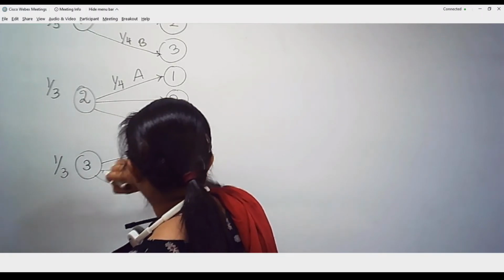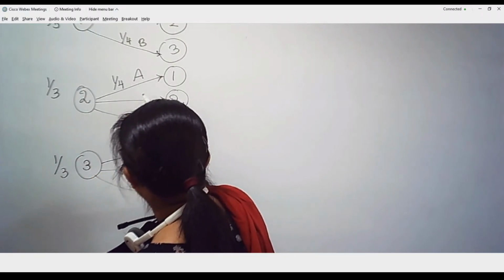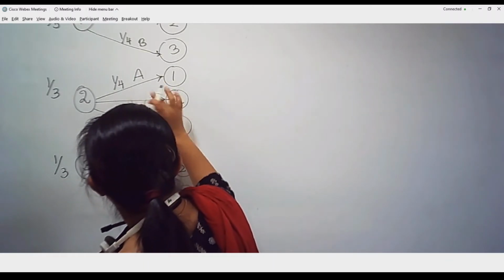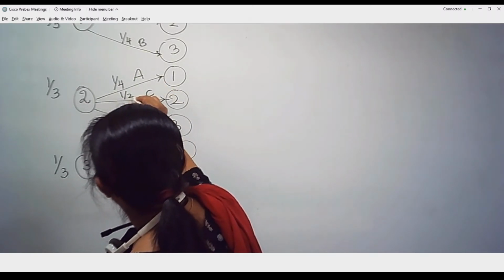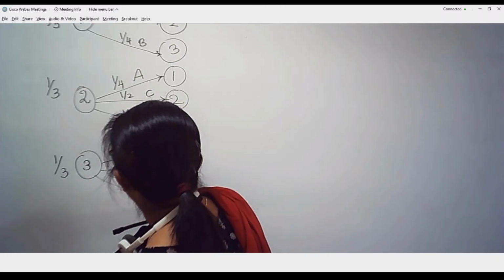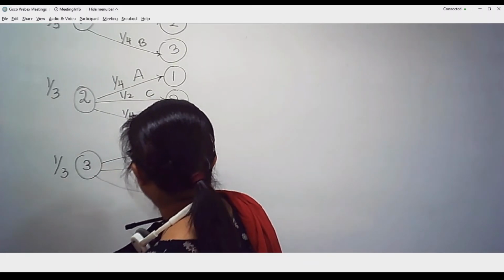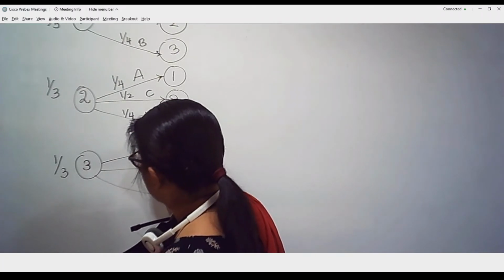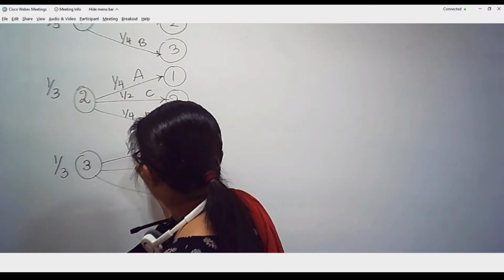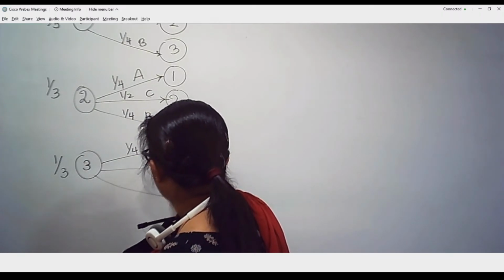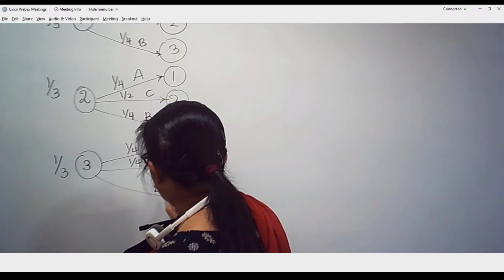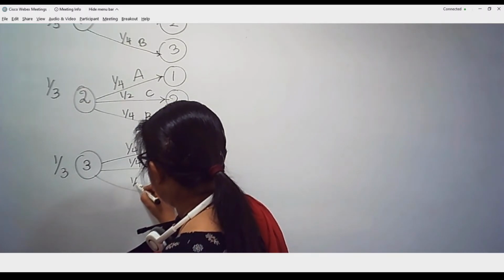For transition from 2 to 2, I can get letter C with a probability half. From 2 to 3, I get a letter B with a probability 1 by 4. If I move from 3 to 1, I get the letter A, I guess, with a probability 1 by 4. From 3 to 2, I get letter C with a probability 1 by 4. If I move from 3 to 3, I get a letter B with a probability half.